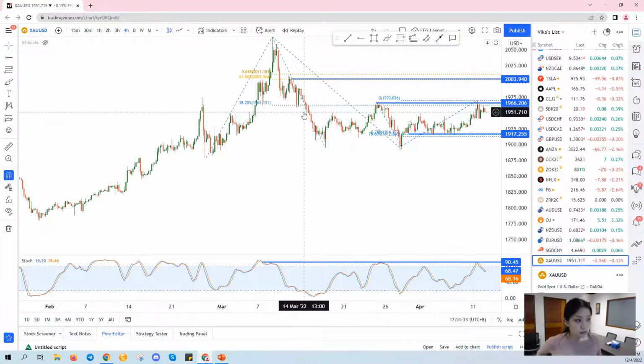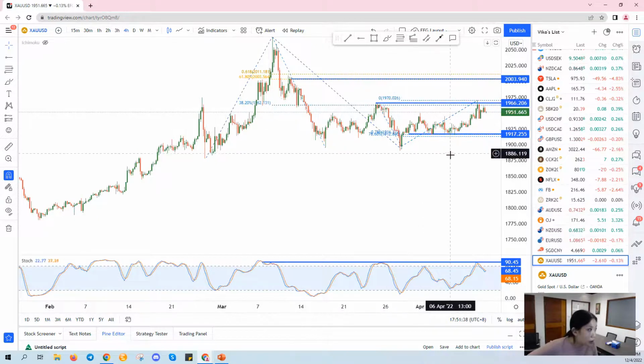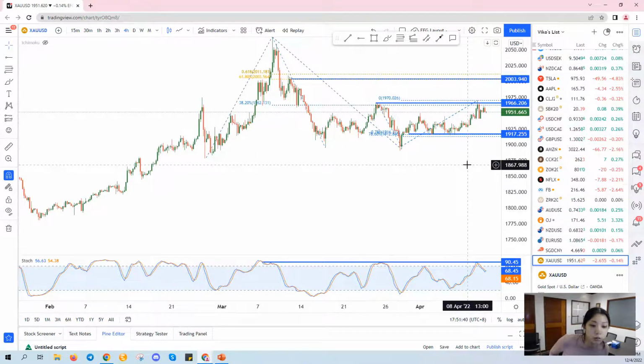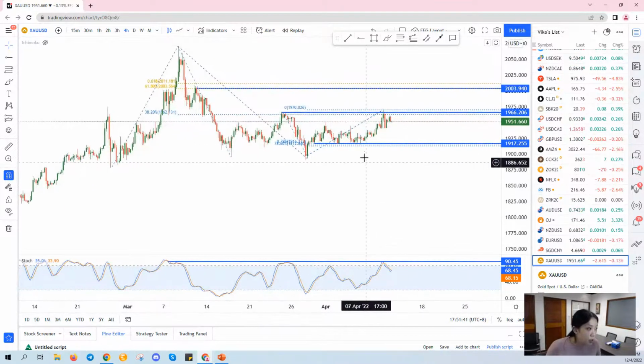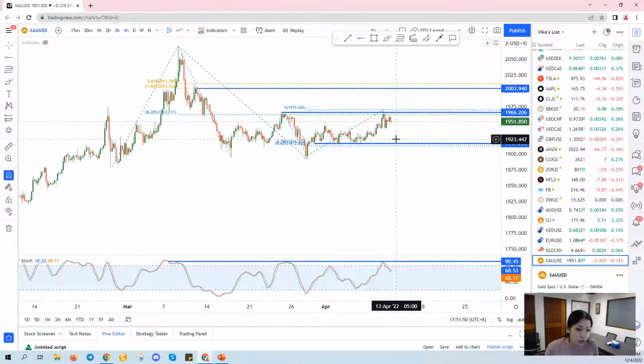But yes, there will be a short retracement on gold, because as you can see, it already went out and touched this resistance level here, right? So it will retrace a bit back, going short for a bit, before it reaches this support level for another bounce.